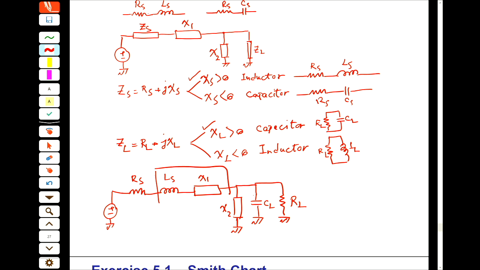I can take this now as X prime 1 and take these two as X prime 2 and solve the equation. You solve for matching RS to RL, and at the end when you find the values for X prime 1 and X prime 2, you just remove the part which belongs to the source and to the load.